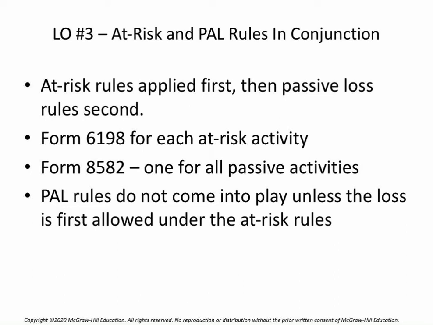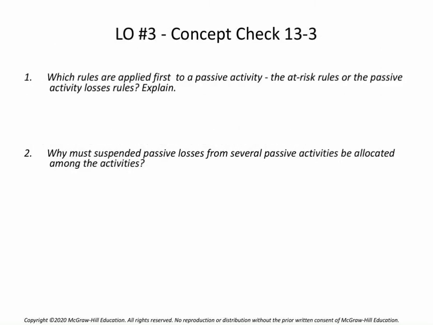So those are not going to come into play unless the loss is first allowed under the at-risk rule. So there's two sets of rules here. And we need to have our loss allowed under at-risk first. And then if it's allowed under at-risk, we then need to have it allowed under the passive activity losses in order to utilize that. So taking a look at concept check for learning objective 3 here.